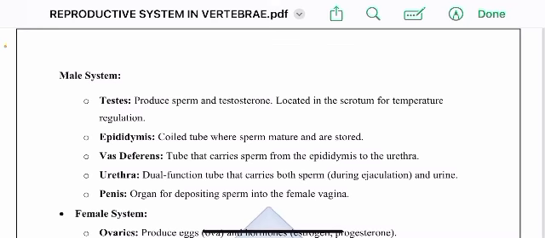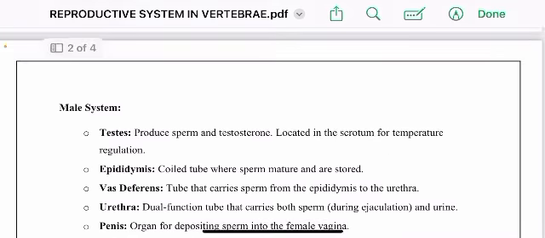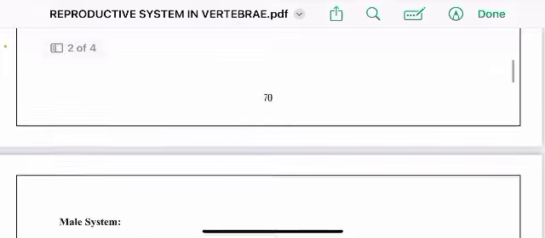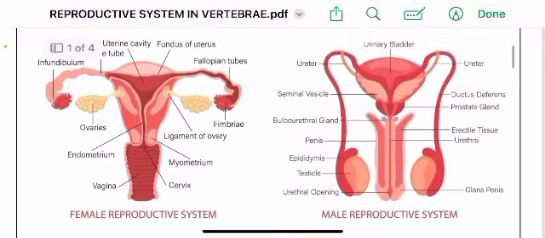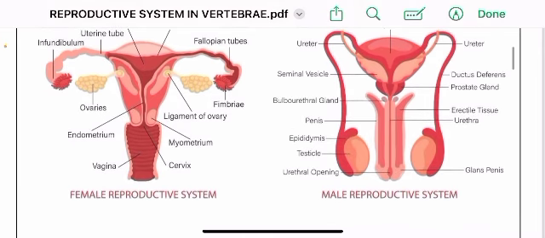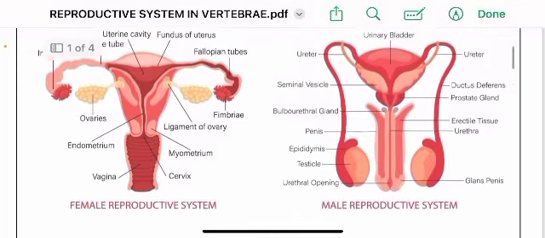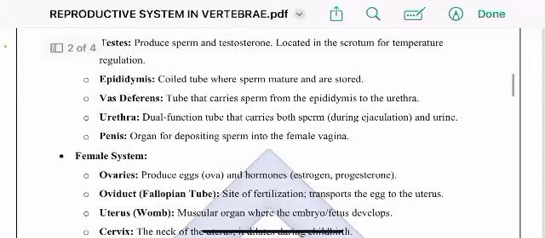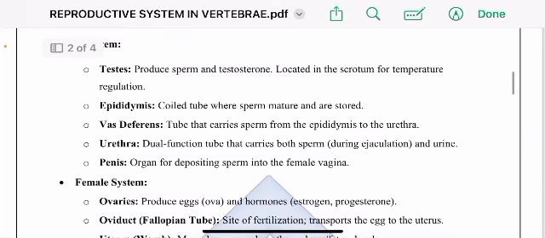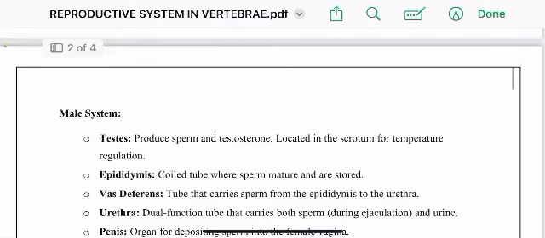They are located in the scrotum for temperature regulation. The epididymis is a coiled tube where the sperm mature and are stored.